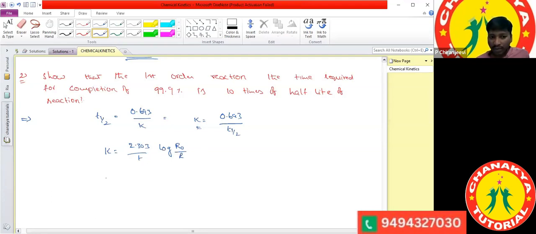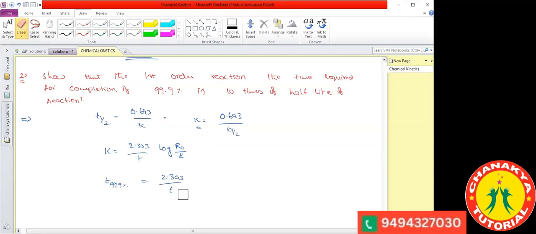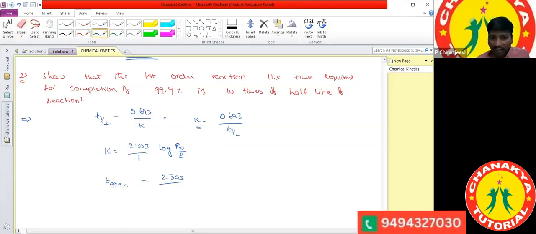To simplify this, t is what they are asking. t 99.9 percent is equal to 2.303 divided by K. What is the K value we got? 0.693 divided by t-half.